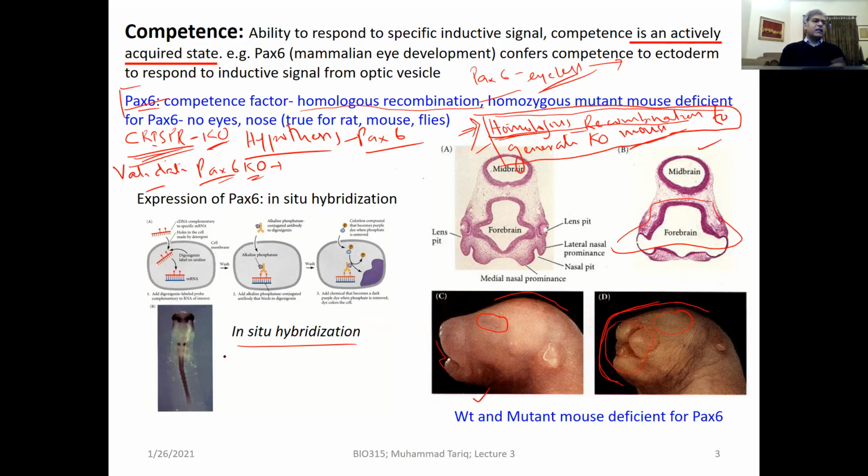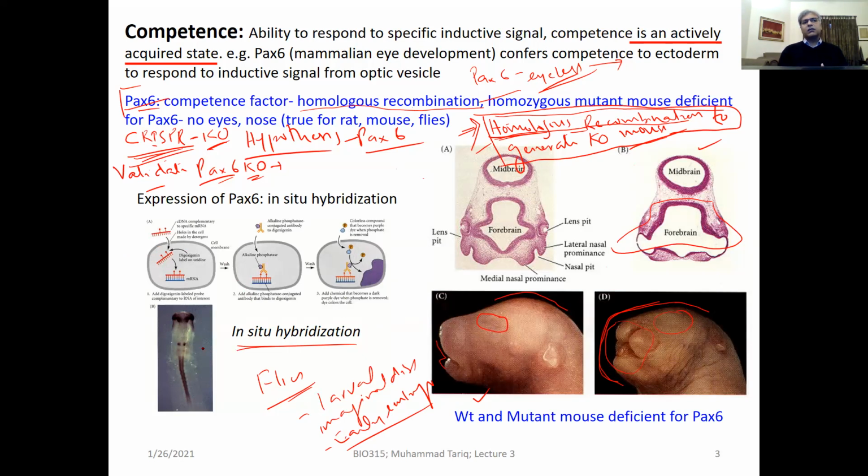If you're working in another organism, let's say flies, you will take larval imaginal discs or an early embryo, and then you use a probe which is labeled. When we do in situ hybridization, we used to use the DIG label.